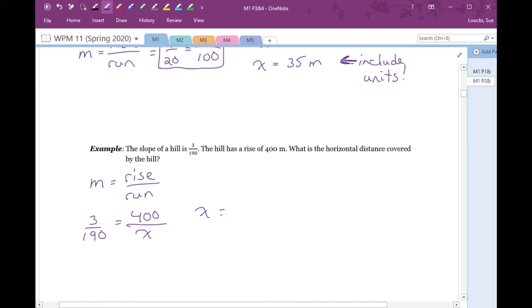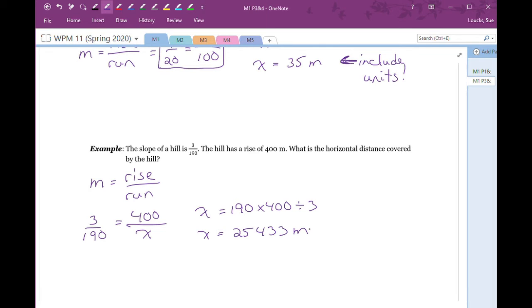So X equals 190 times 400 divided by 3. So our calculator tells us that X equals 25,433 meters. All right, pause the video, go do the assignment, and come on back.